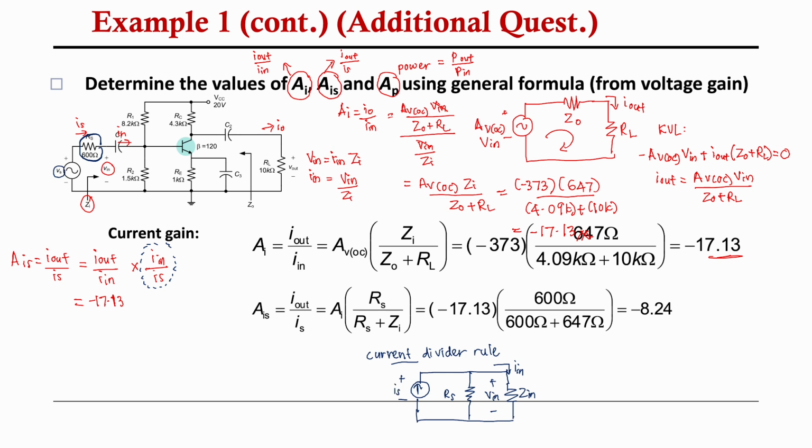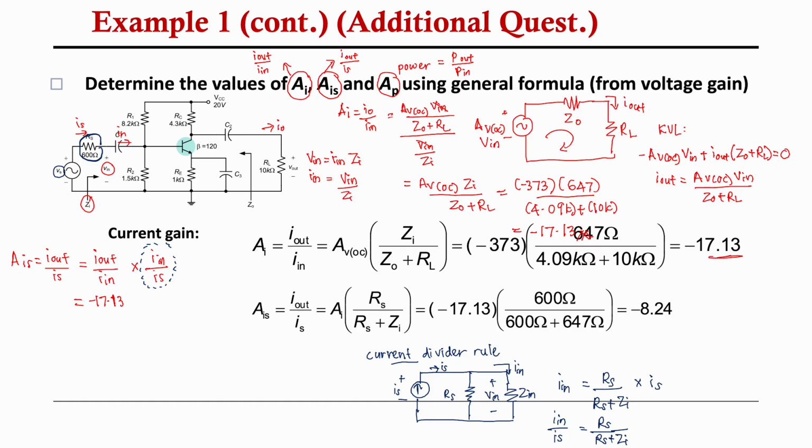So for you to find the current divider rule, how to find the I in? I in is the same as voltage divider, Rs over Rs plus Z in, multiplied with IS. So to find I in over IS, you just rearrange this equation, you will get Rs over Rs plus Z in.